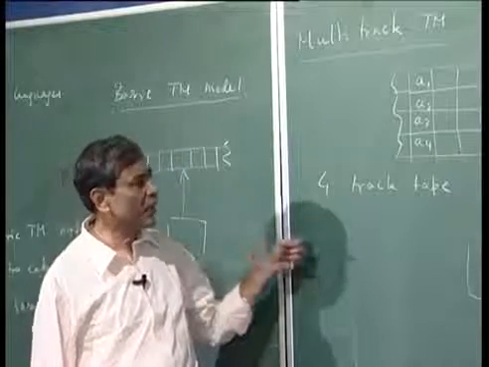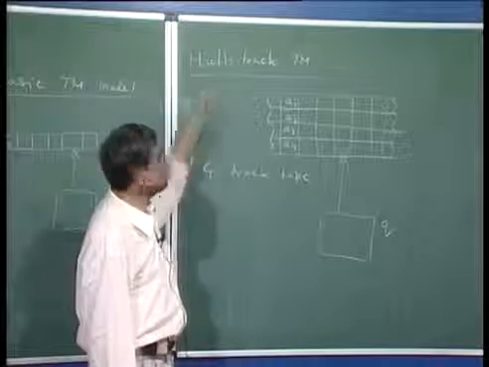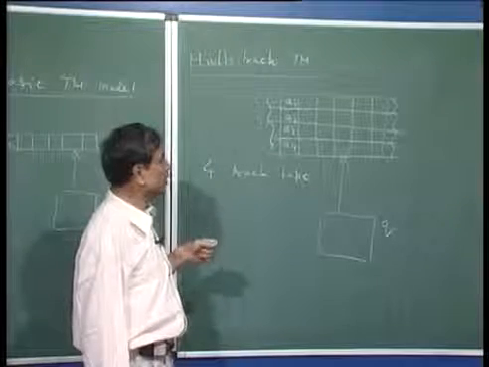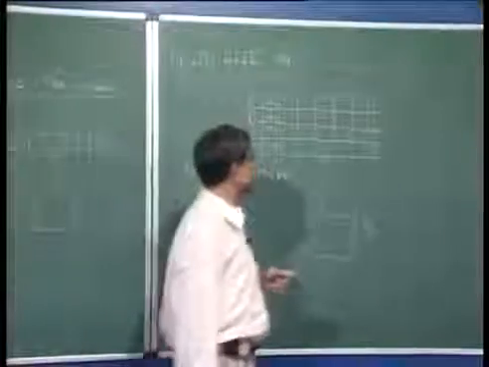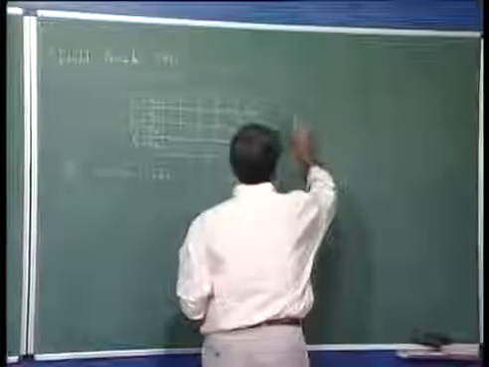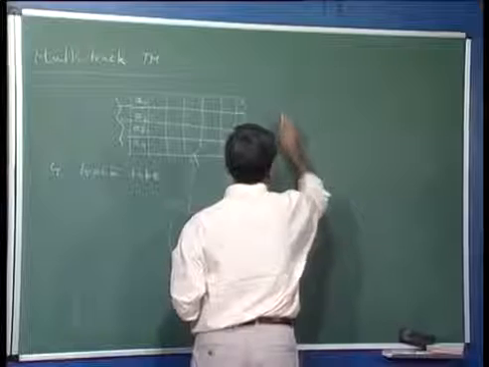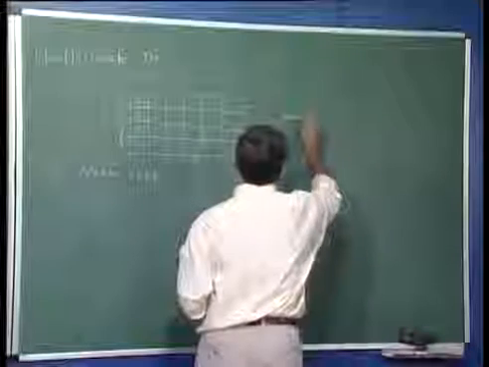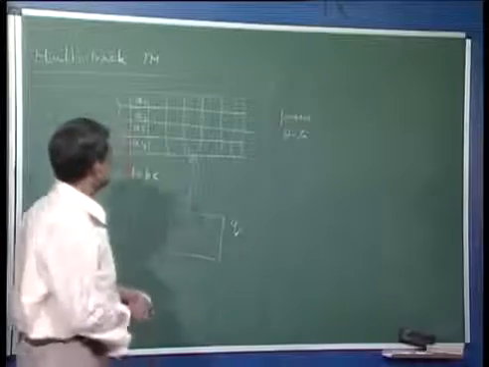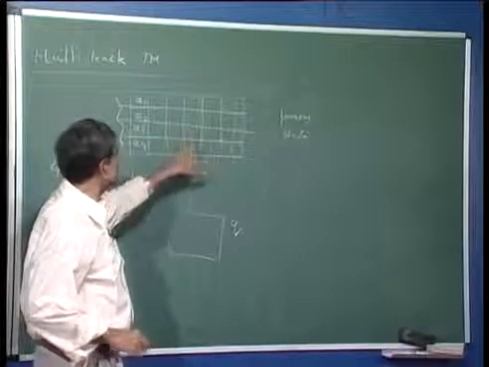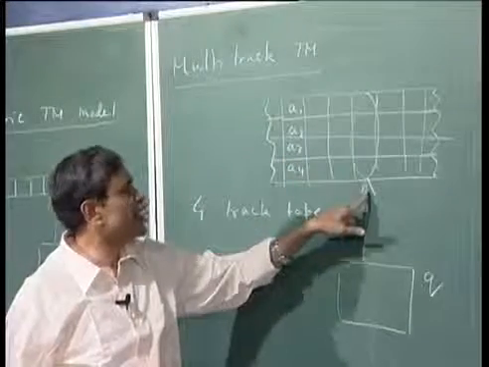We are now considering, therefore, what we call a multi-track Turing machine. How do we specify the transition function of a multi-track Turing machine? Remember what such a machine would do in a single step. It will be in a certain state at a certain time, so that is the present state. It will be reading 4 symbols in this example on the 4 tracks, because the read head is here.